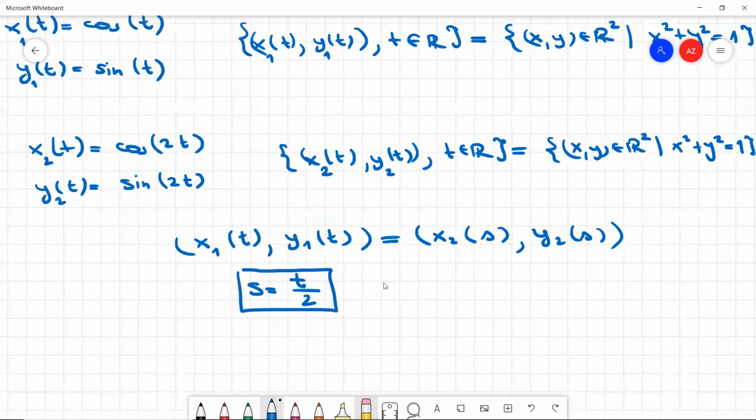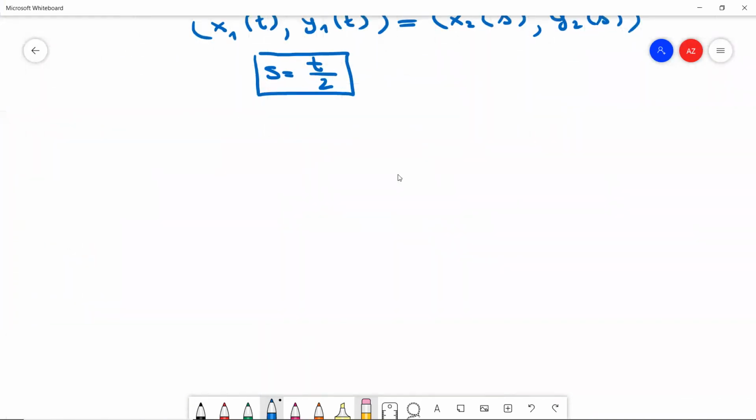Okay, let's try to figure out one example, the so-called cycloid.